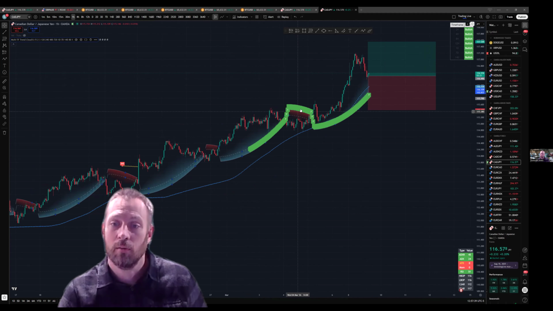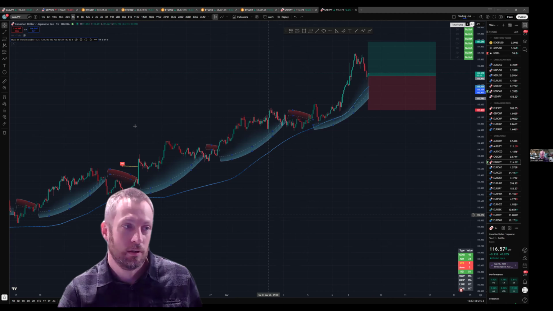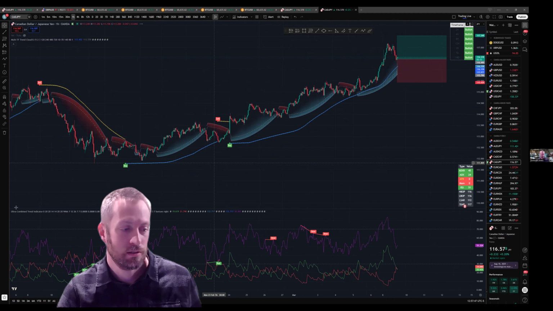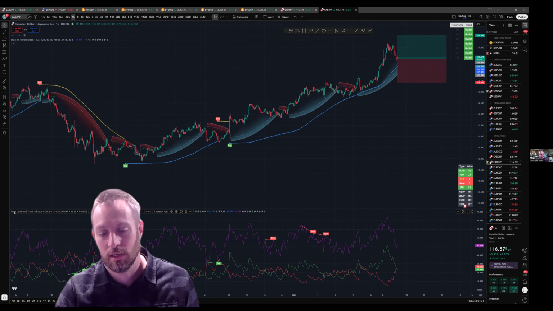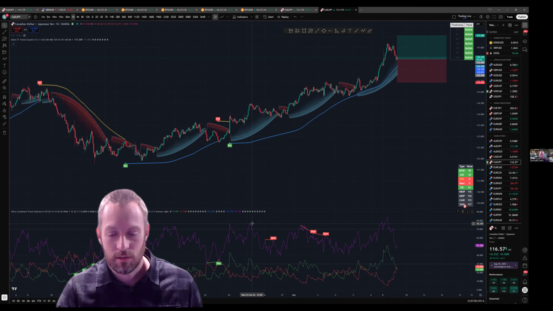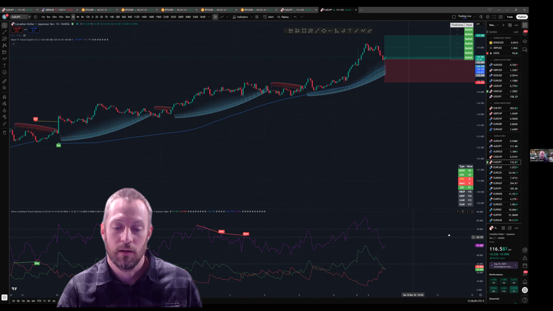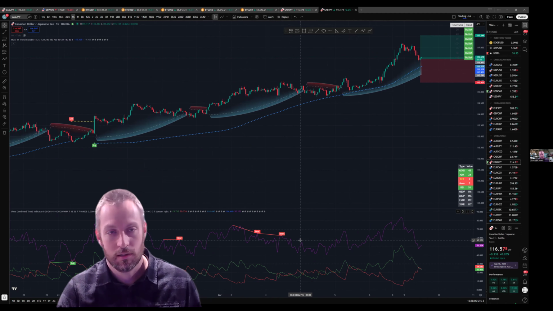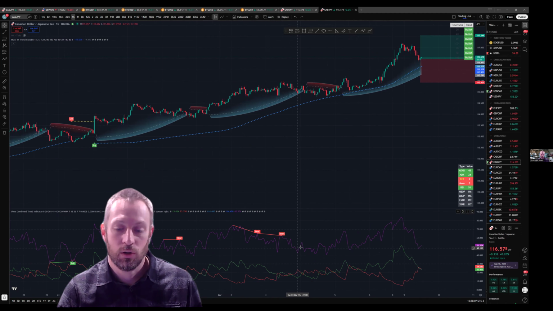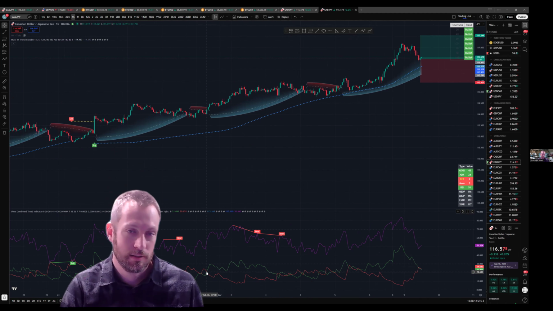So that's one indicator. Let's go to the second indicator, at the bottom of my screen. This is what I have called an ultra combined trend indicator. The main two things it displays are the RSI, Relative Strength Index, standard 14-day period, along with the DI plus and DI minus lines.